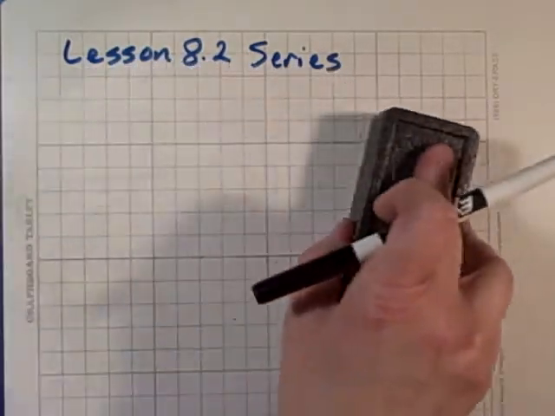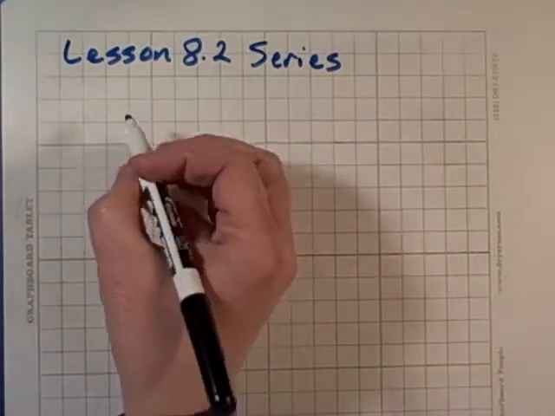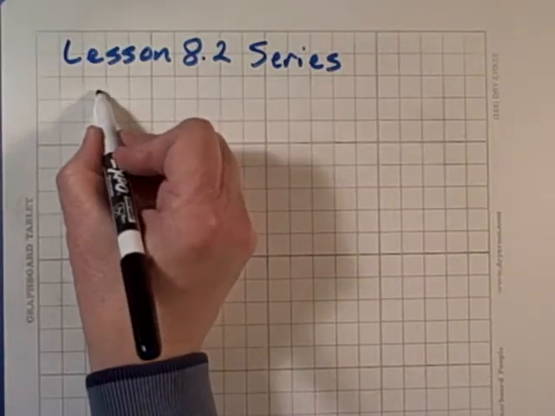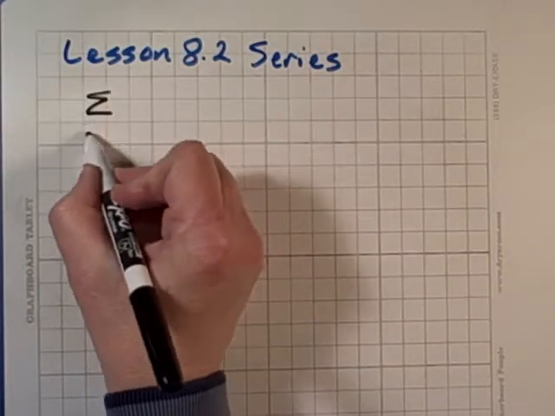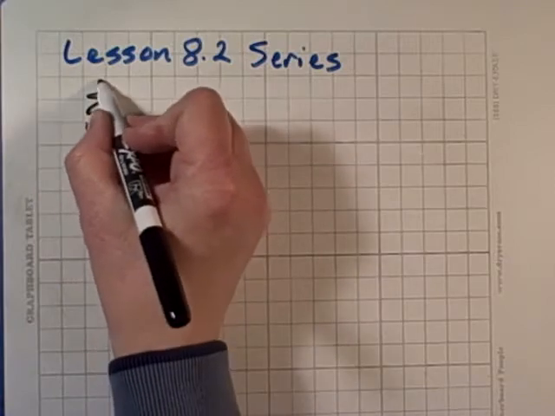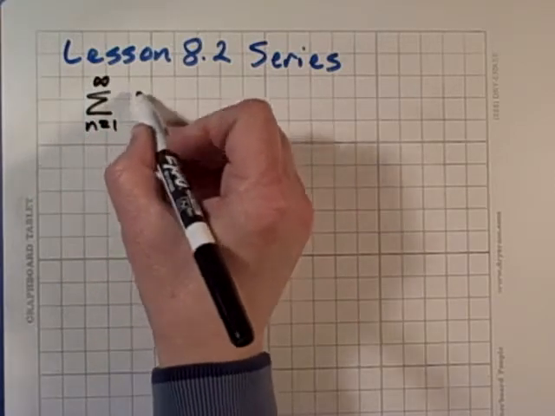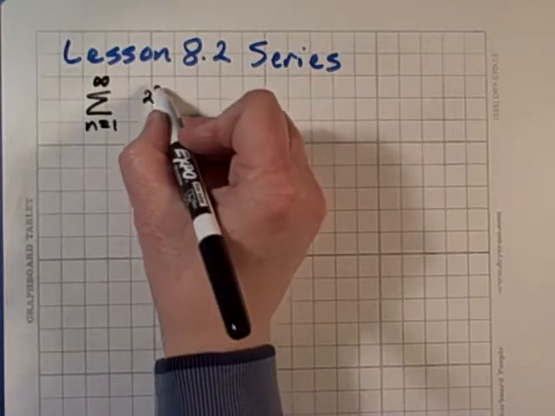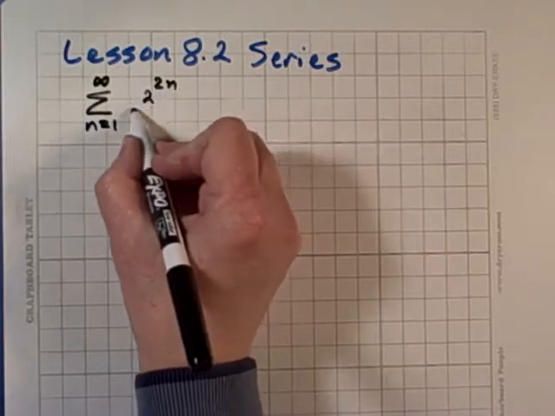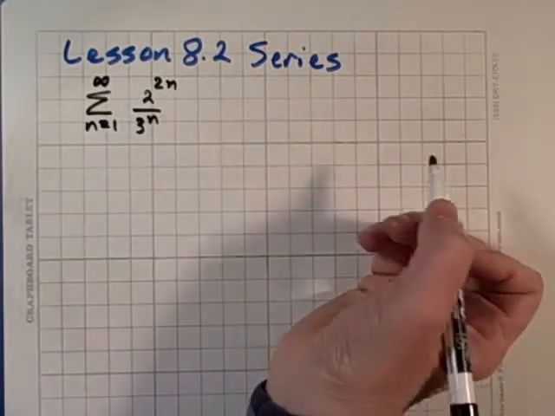Geometrics can also be written in a sigma form, and you have to recognize it as geometric. Here's an example. Suppose n goes from 1 to infinity on 2 to the 2n over 3 to the n.